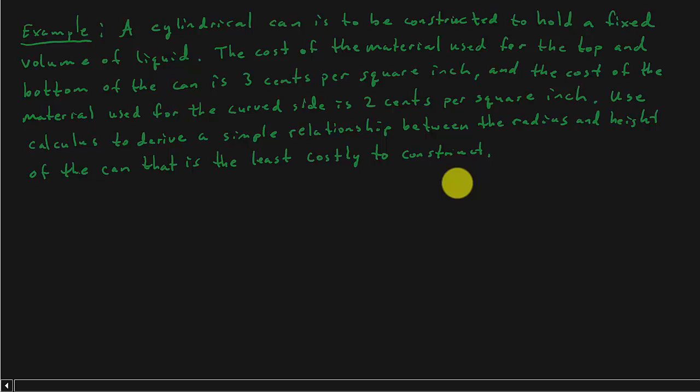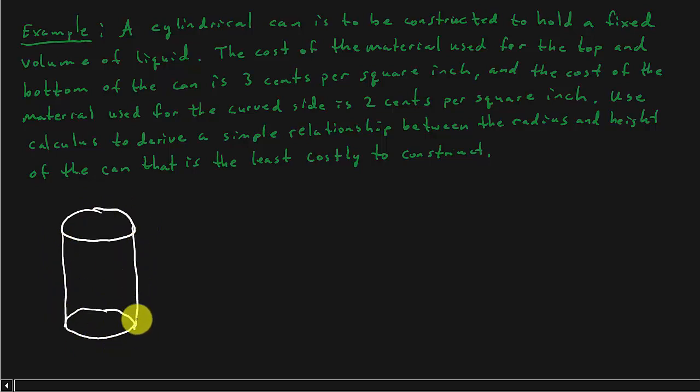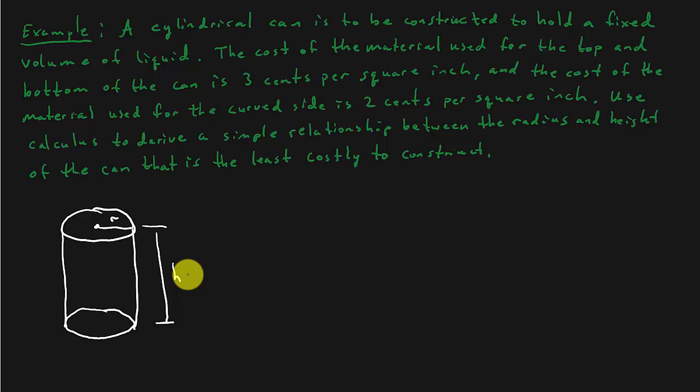All right, so if we look at this, let's just go ahead and draw us a can here. See if we can draw a decent one. All right, so there's our can, and we will label this the radius, and we will label this the height. Now, they tell us we have a fixed volume of liquid.